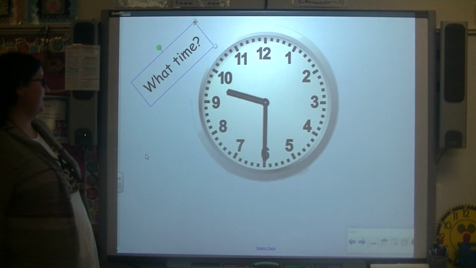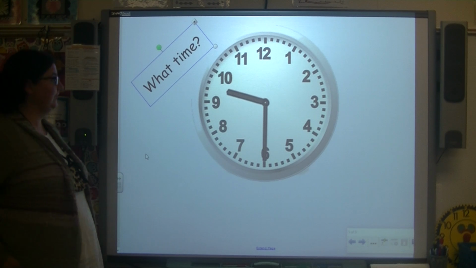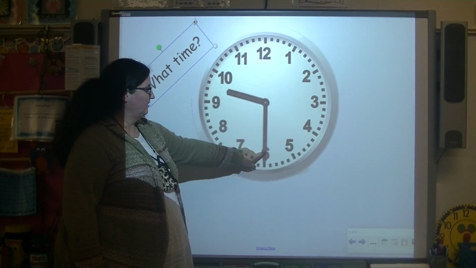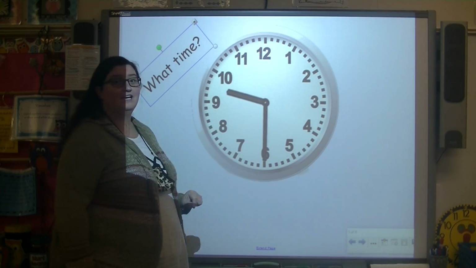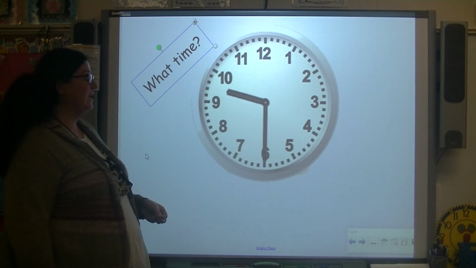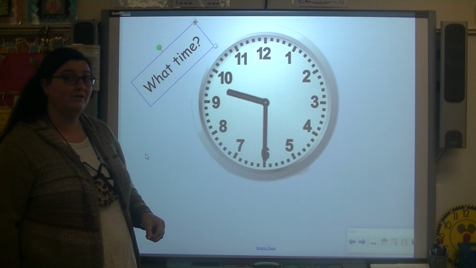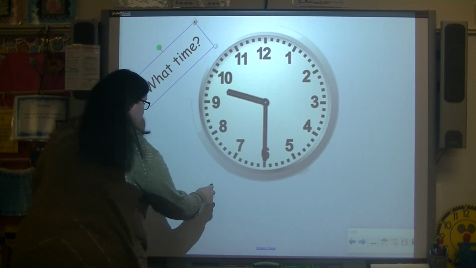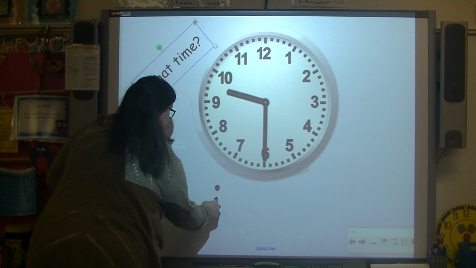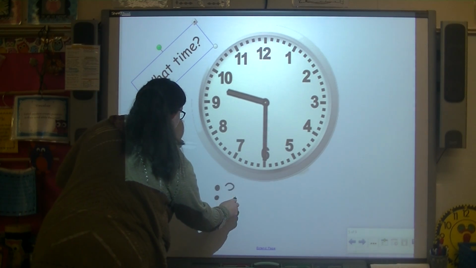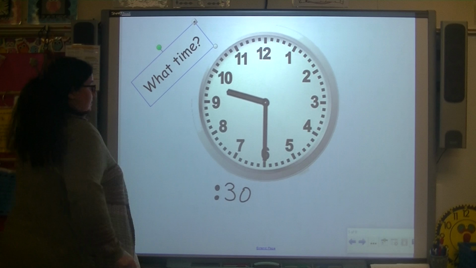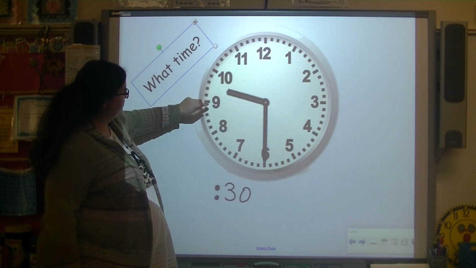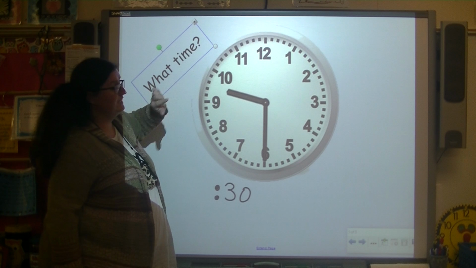Now what time? It's got a different clock again. My minute hand is still on the 6. It is halfway past, so my minutes are still 30. Now my hour hand is between the 9 and the 10.